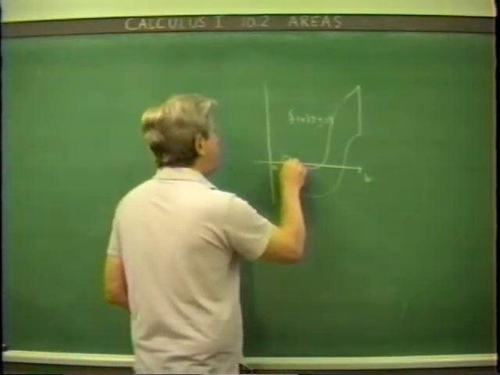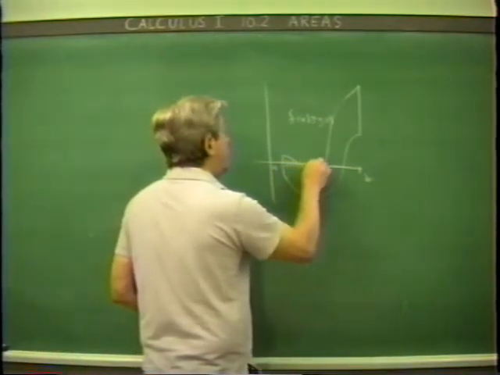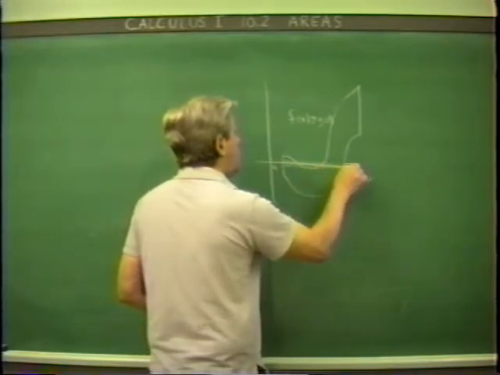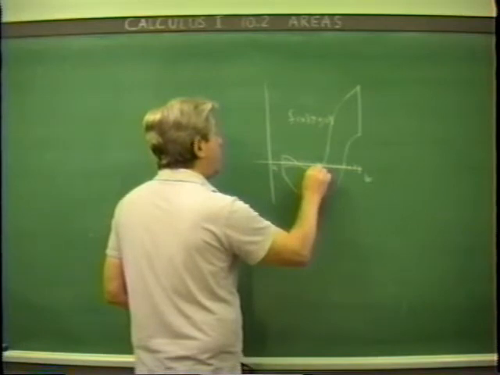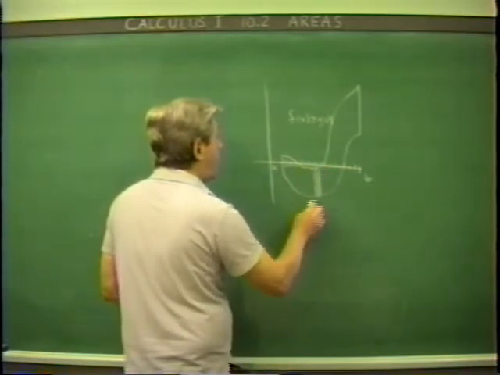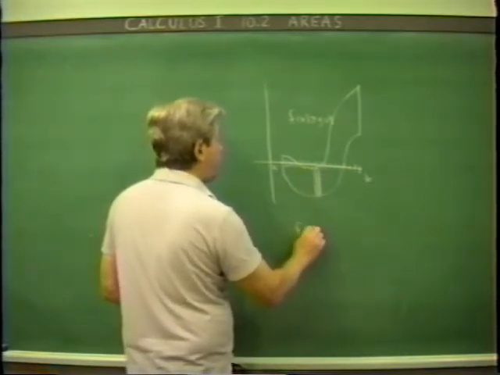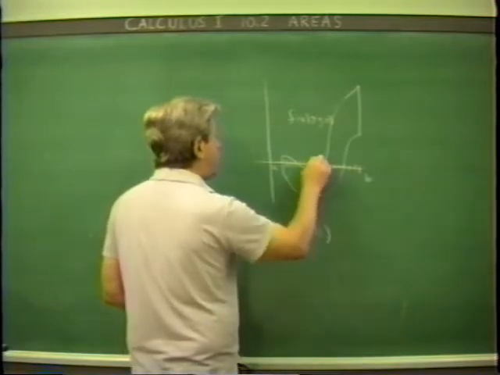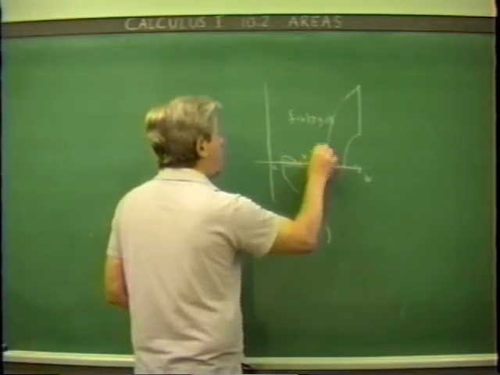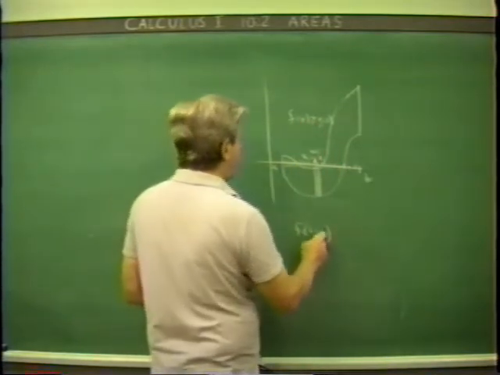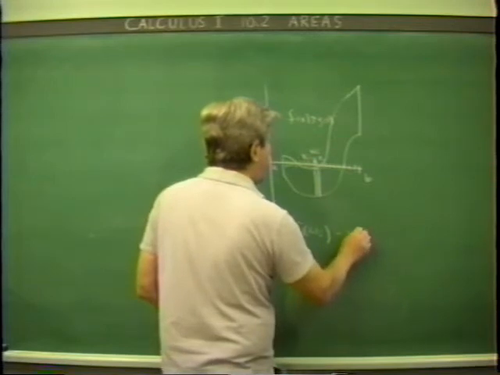In order to do this, if we partition up the interval from a to b, then we can approximate the area with a little rectangle, and the height of that rectangle, if wi is the point chosen in the interval xi minus 1 to xi, is going to be f of wi minus g of wi.